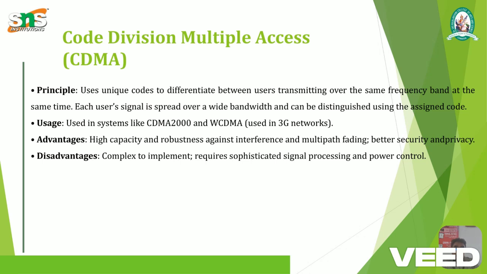It is widely used in 3G networks. The advantage is very high capacity and robustness against the interference we had in frequency division multiple access, and it has better security. But the disadvantage is that it is very complex to implement. At the same time, it requires very sophisticated signal processing capabilities and power control.